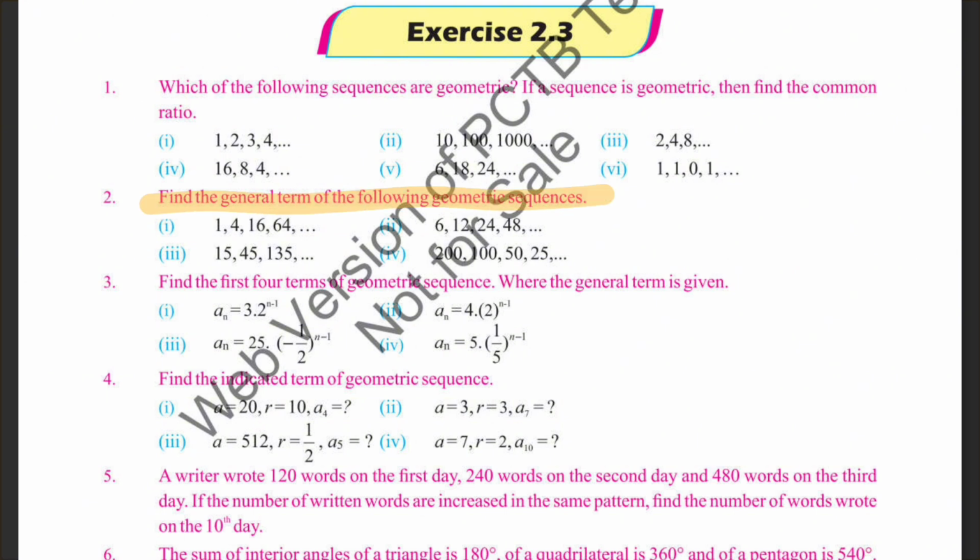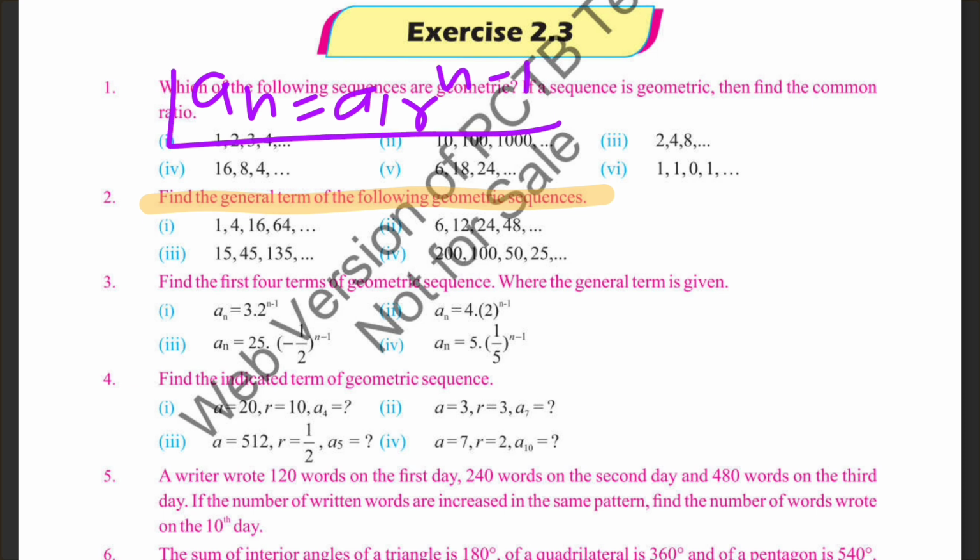Find the general term of the following geometric sequence. The general term is a n is equal to a1 times r to the power n minus 1. This is the general form of a geometric sequence.